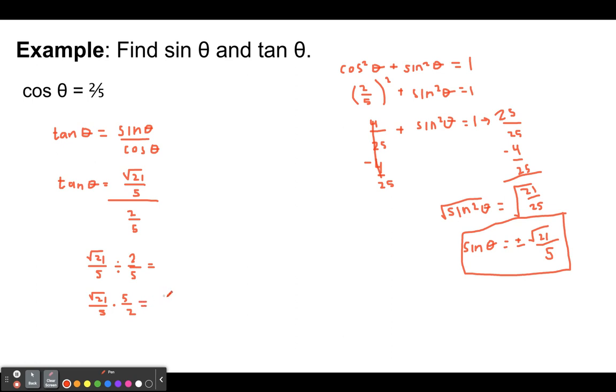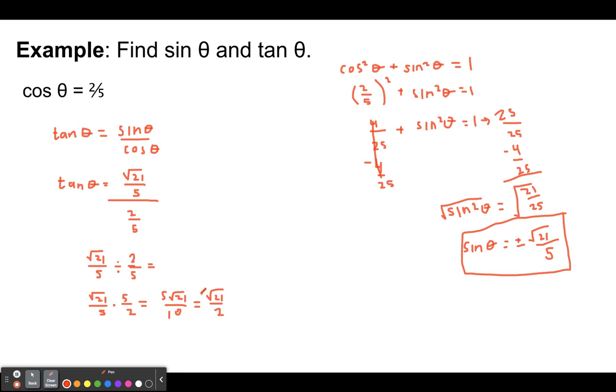And that gives us 5 square root 21 over 10, which simplifies to the square root of 21 over 2, since 5 and 10 are both multiples of 5.